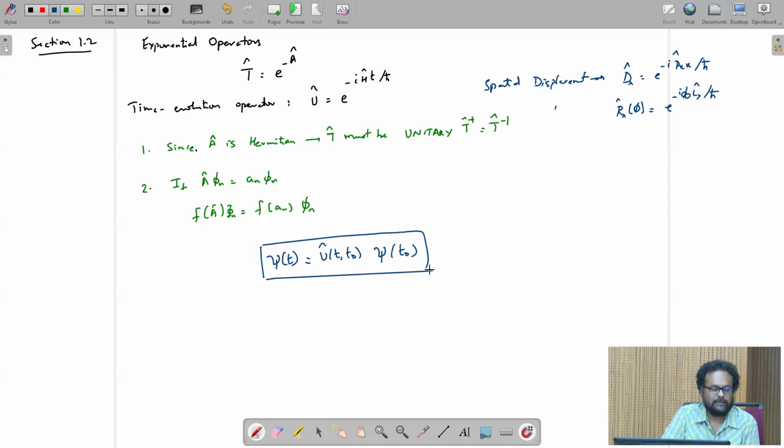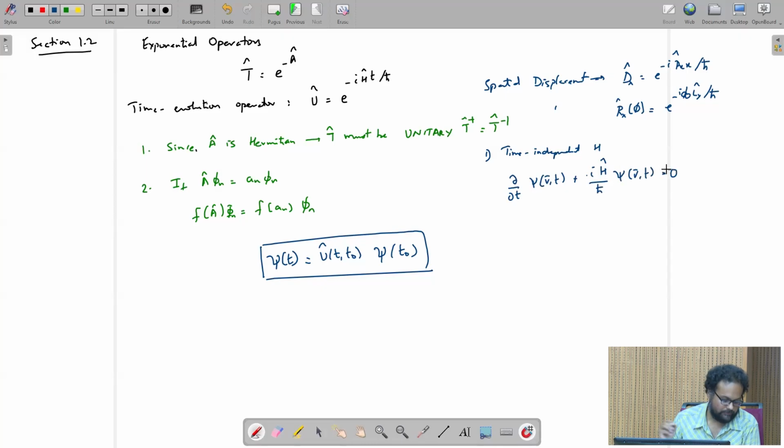Okay. So in the simplest scenario, let's say your Hamiltonian is time independent. So we'll take the first scenario, a time independent Hamiltonian. Then your time dependent Schrodinger equation, of course, will be d over dt psi of t plus i H over h cross, which is now independent of time, psi of t equals 0.